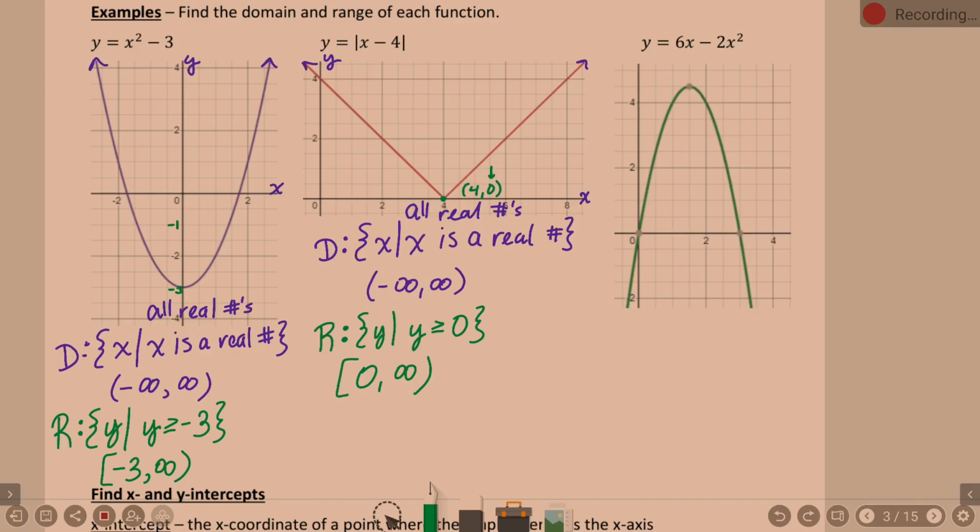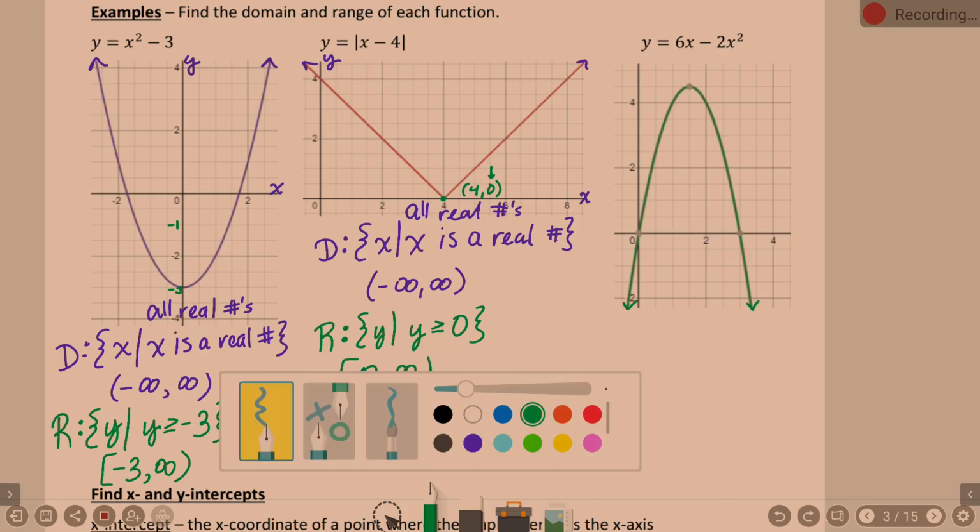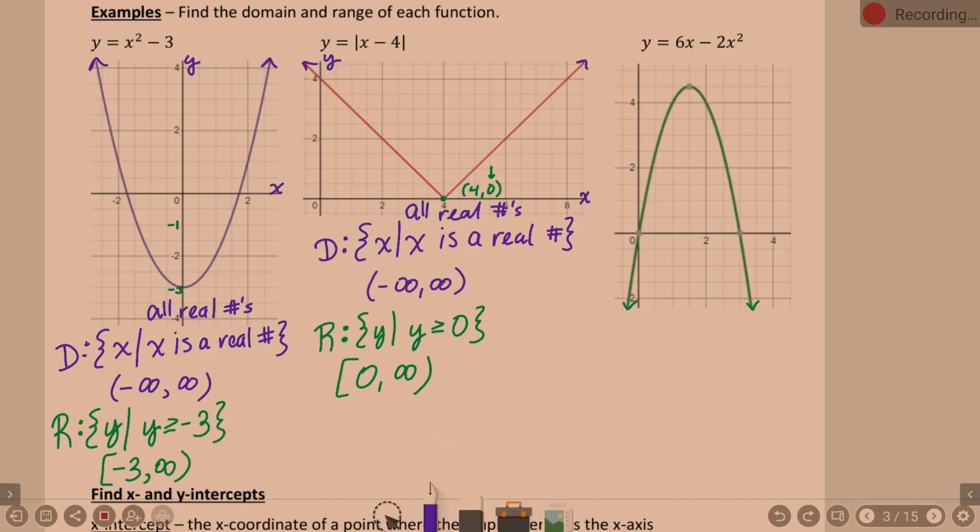Okay. Let's try our last one in this section. Now, notice the shape looks familiar to the first shape, doesn't it? It should. It's an x squared equation. It's a parabola. The difference is upside down. Okay. It's not going to change a lot of things, let me tell you. What are your thoughts about domain?